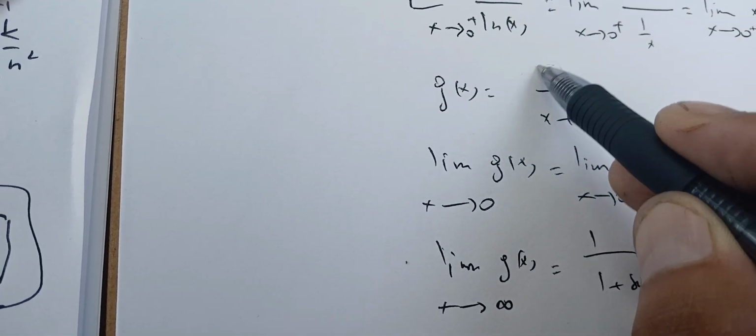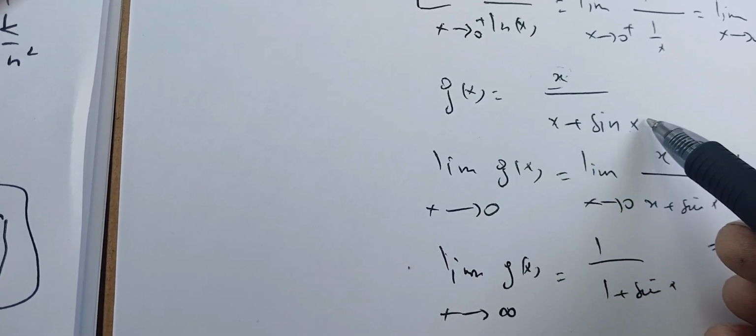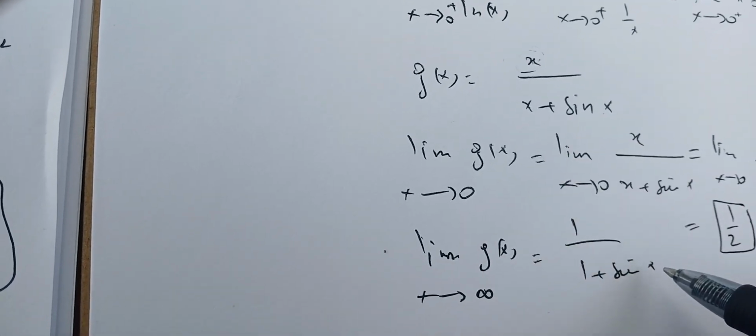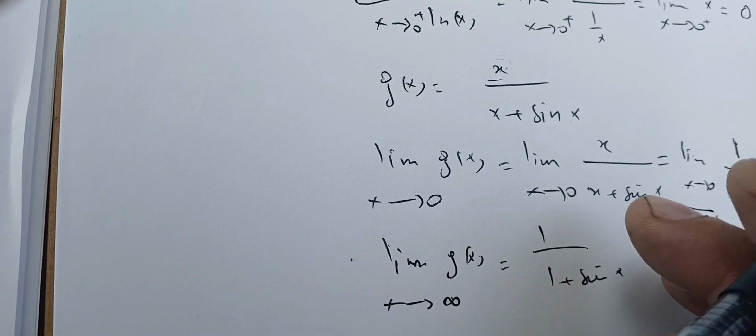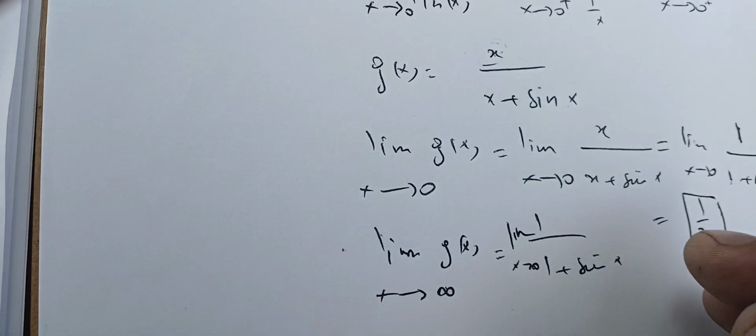The numerator goes to infinity, and what about the denominator? This function keeps bouncing up and down between some values. It doesn't go uniformly to some specific value.